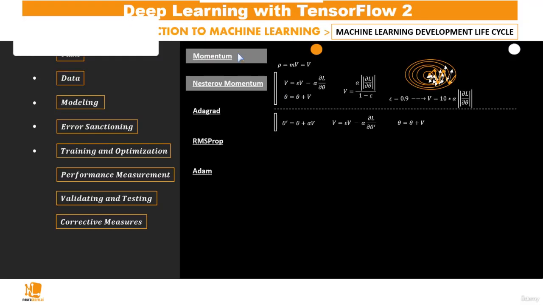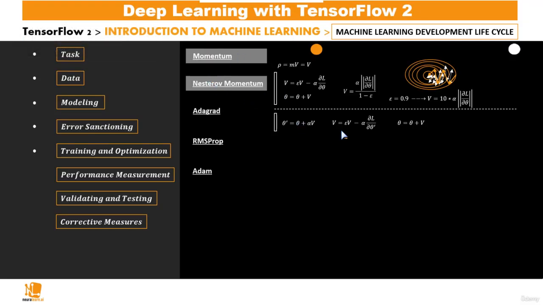In the case of Nesterov momentum, this computation of the partial derivative of L with respect to theta is done with an updated theta. So unlike here, where we just use the previous value of theta from the previous epoch or from the previous batch, in this case we have to update theta first before taking this.